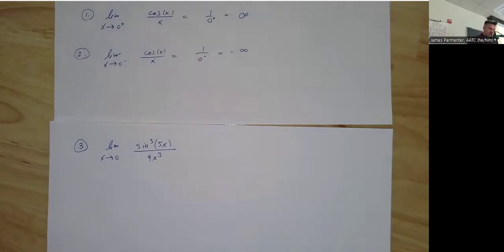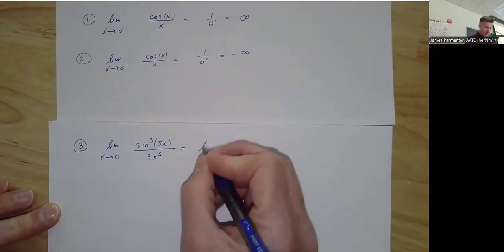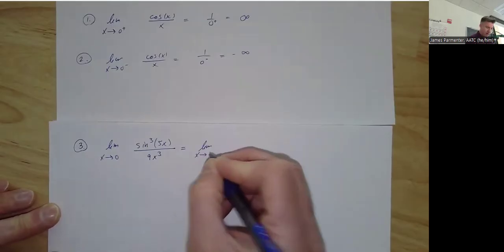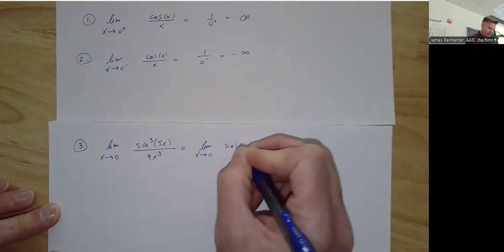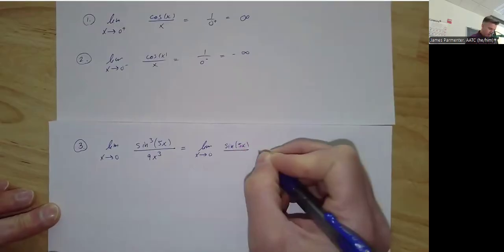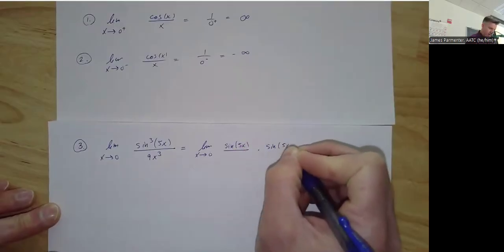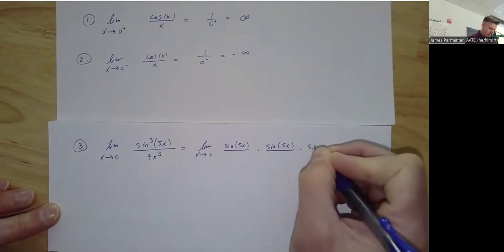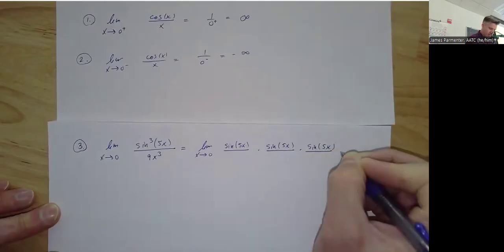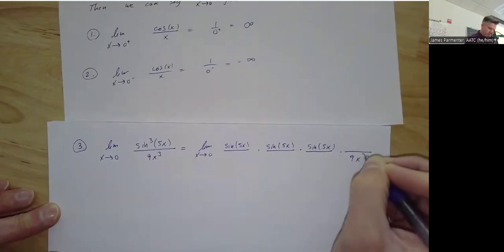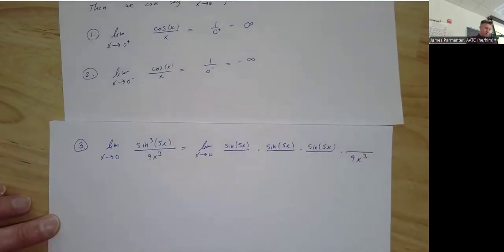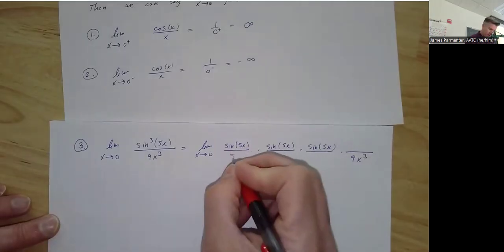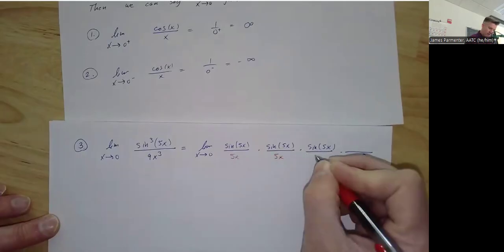Don't do it. Instead, go back to the old school way of doing this and break it up as the limit as x goes to 0 of sine of 5x over blank times sine of 5x over blank times sine of 5x over blank times blank over 9x cubed, and then fill in what you want. So you want a 5x here, a 5x here, a 5x here.